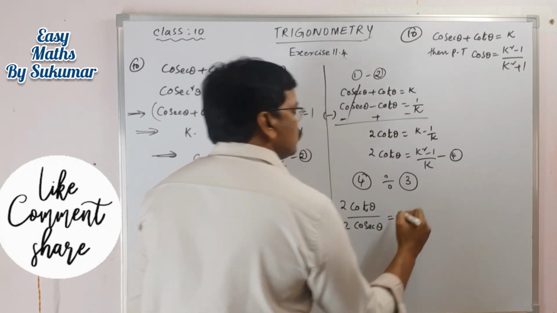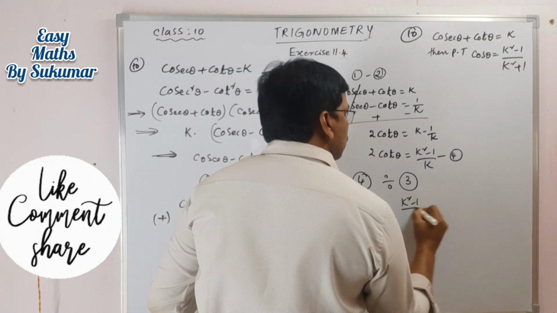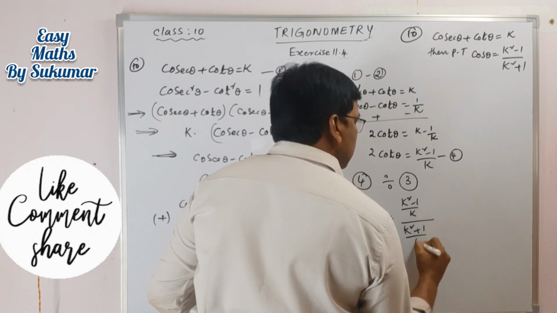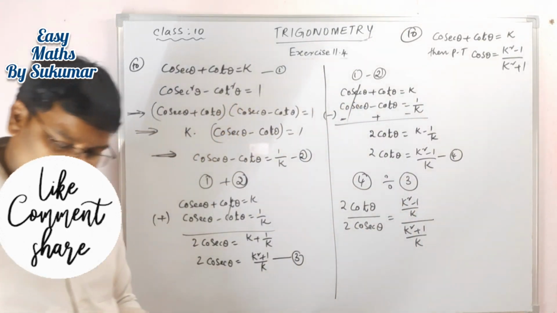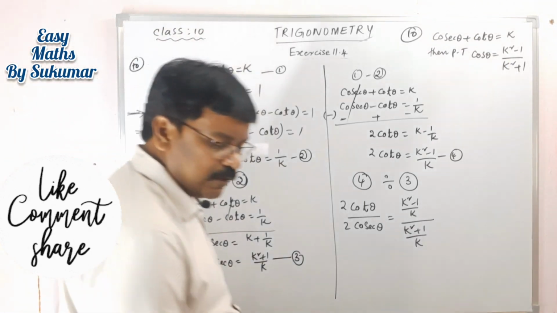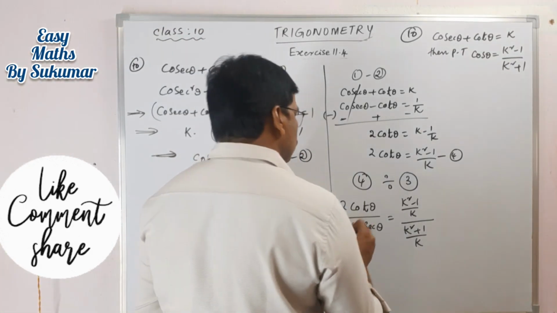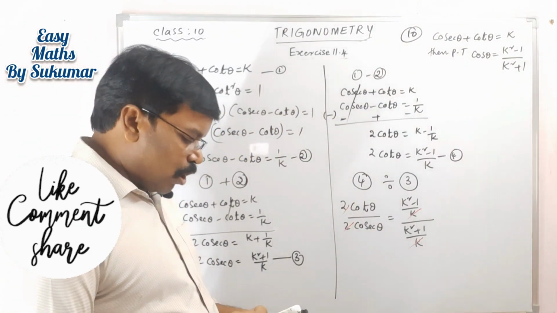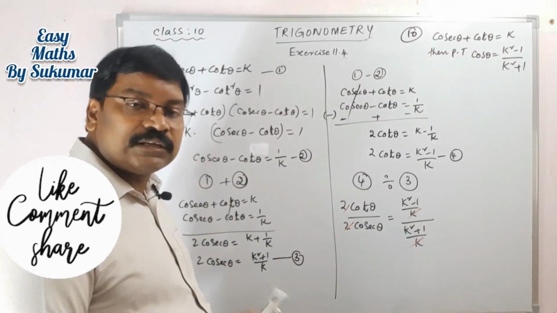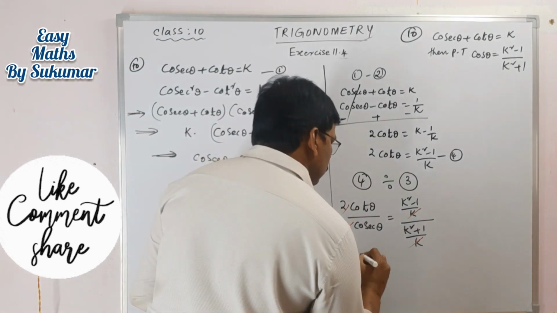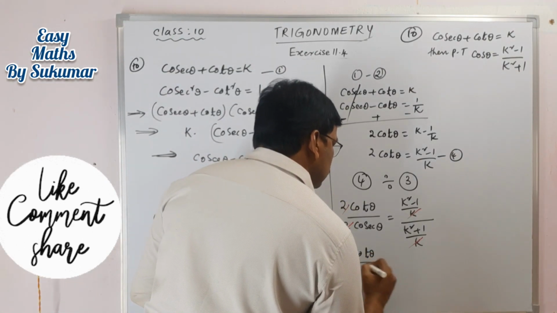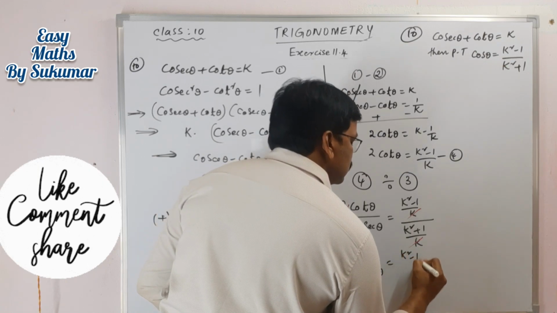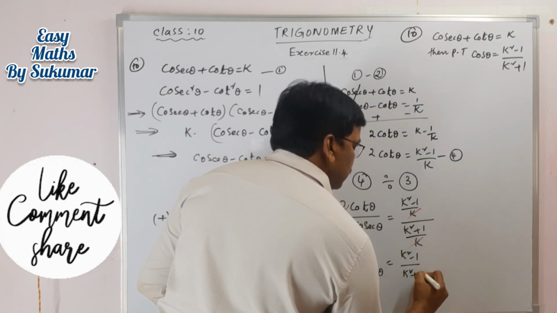It is equal to ((k square minus 1)/k) whole by ((k square plus 1)/k). That means here 2 cancelled, k cancelled. So finally cot theta by cosecant theta is equal to (k square minus 1) by (k square plus 1).